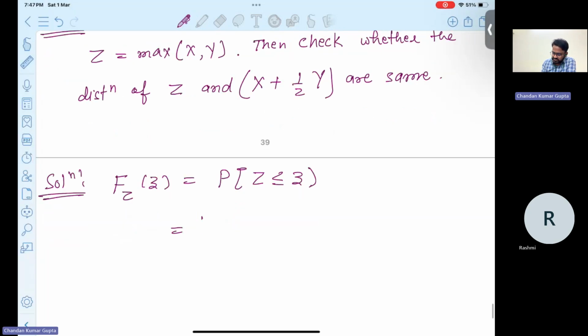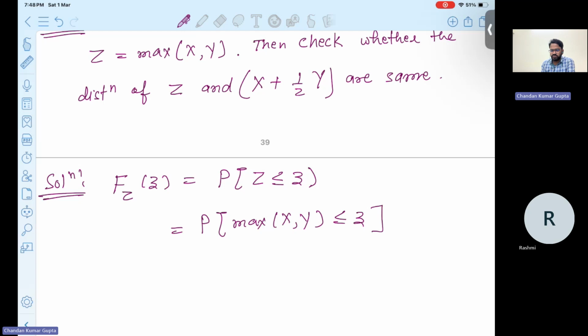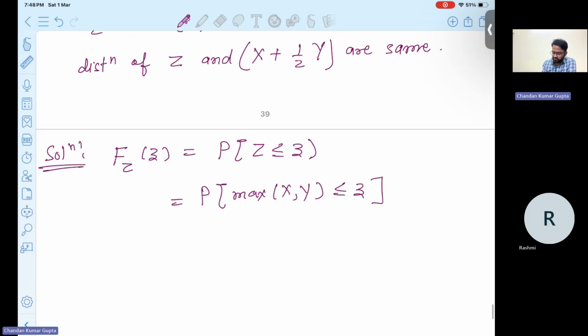Z is defined as the maximum of X and Y. So it is the probability that the maximum of X and Y is less than or equal to z. Here you can see that if the maximum of X and Y is less than z, this implies X and Y both are less than z. So we can write the probability that X is less than or equal to z and Y is less than or equal to z.